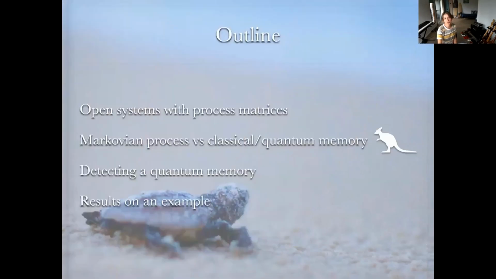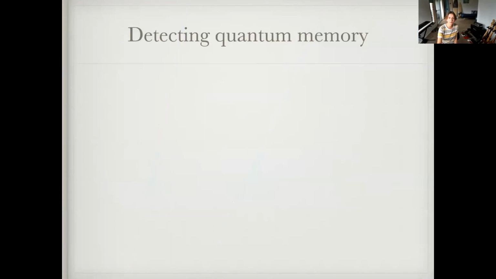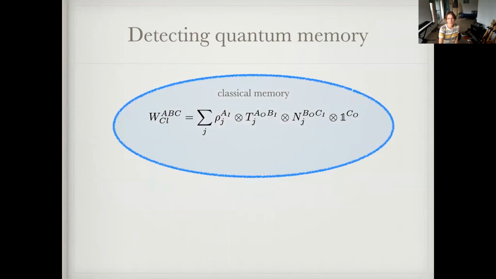All right, so now we see that there is a method on how to detect quantum memory in a process. Remember, a process with a classical memory can be written like this, and you can observe that this is the set of separable states. That's why I chose this more general form than the definition.